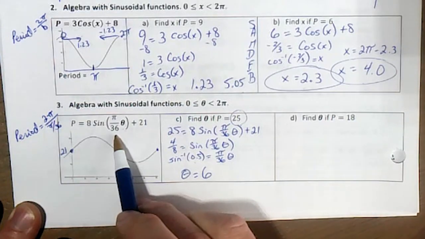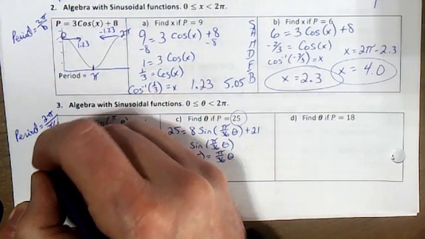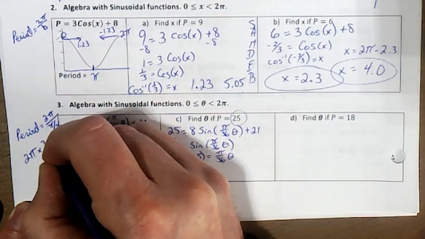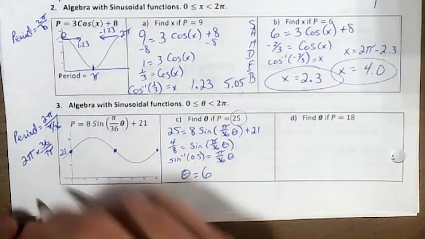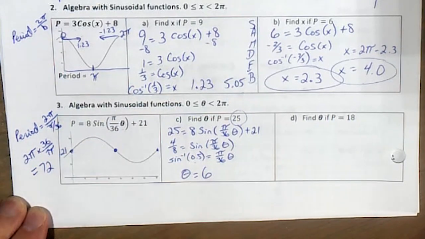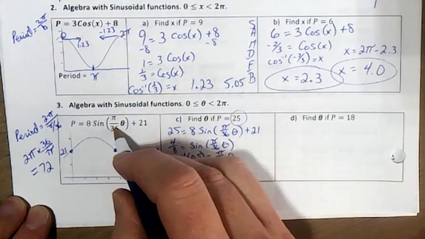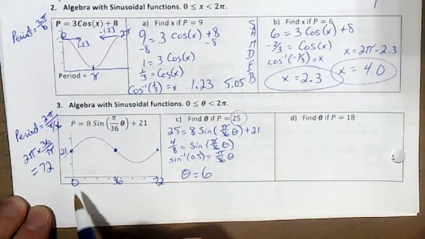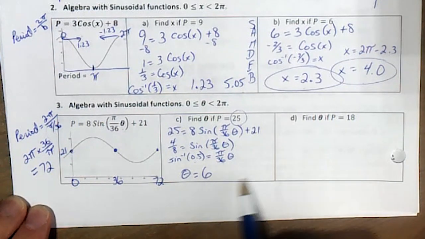Now, dividing by this is just like multiplying by 36 over pi. You'll notice that the pi's cancel out, and we get 72. So the full distance is 72. Halfway matches, it's 36, and we start at 0. 0, 36, 72. We're going to use this to find the second answer.